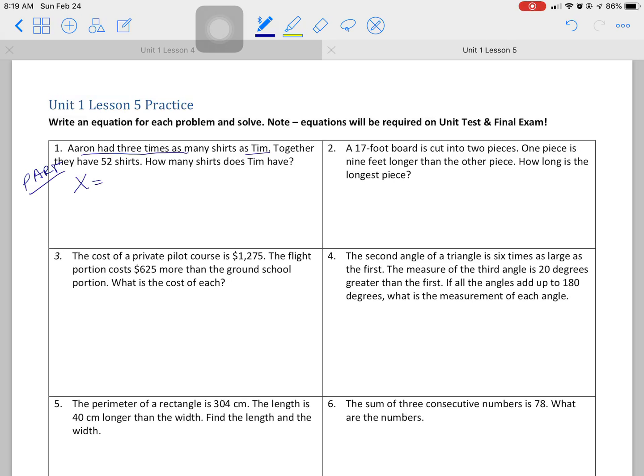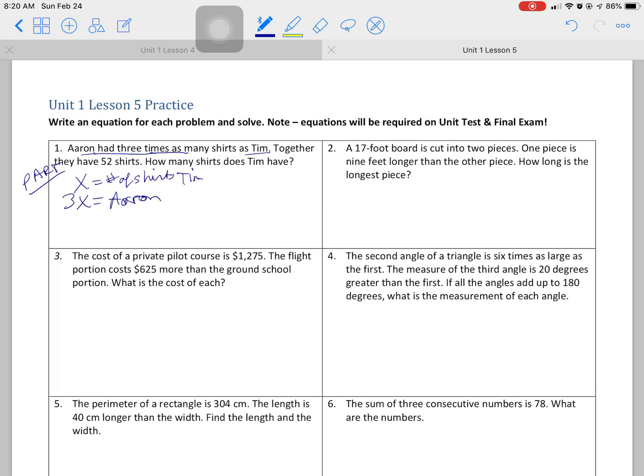So I got a couple of things going on. I have a Tim and I have an Aaron. So something is X and something is 3 times X. So X would be the number of shirts for whom? Let's see, 3 times, Aaron has, so this is Aaron here. So this is the number of shirts that Tim has.